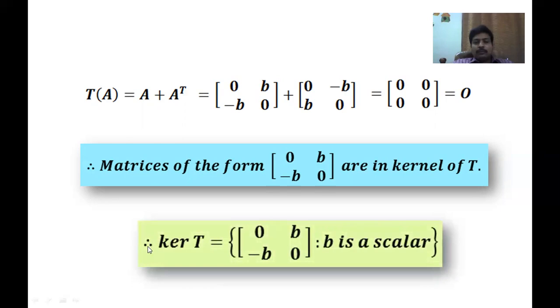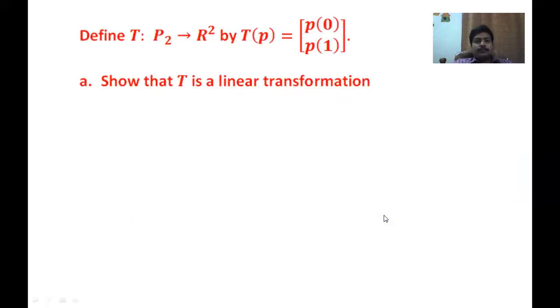So I can define the kernel of T as the set of all matrices of the form [0, b; -b, 0] such that b is a scalar. So this is about the kernel of T.